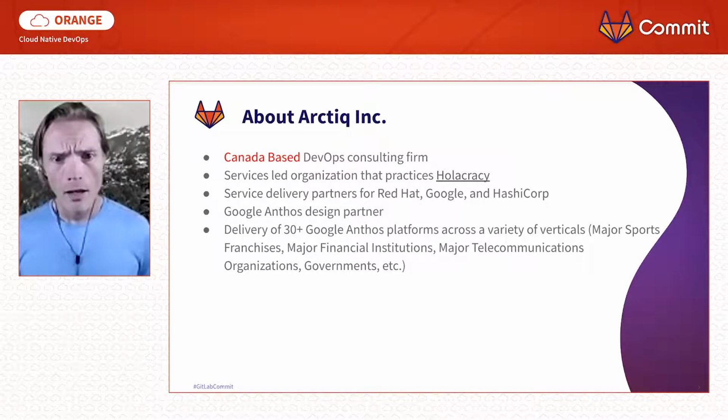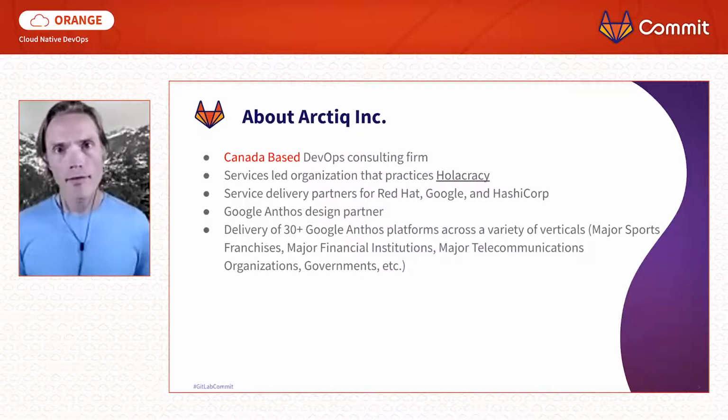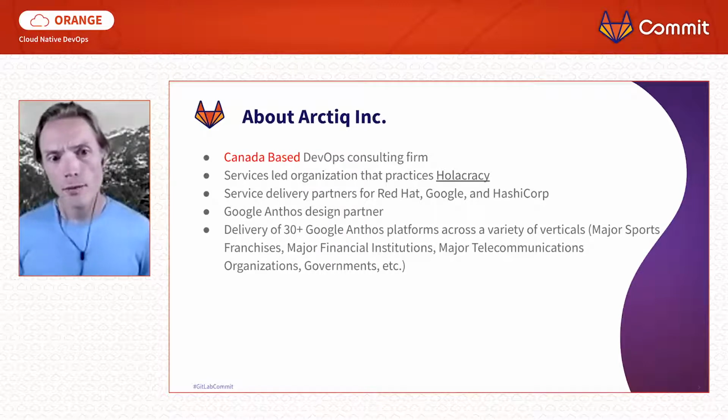Arctiq is also a service delivery partner for a few major organizations, namely Red Hat, Google, and HashiCorp. So if they are performing professional services for certain customers, it can and often is subcontracted to our team. We are also a Google Anthos design partner and have actually delivered over 30 Google Anthos platforms across a variety of verticals in Canada, the United States, and Europe.